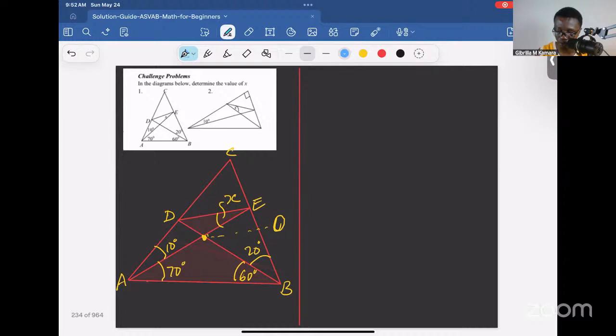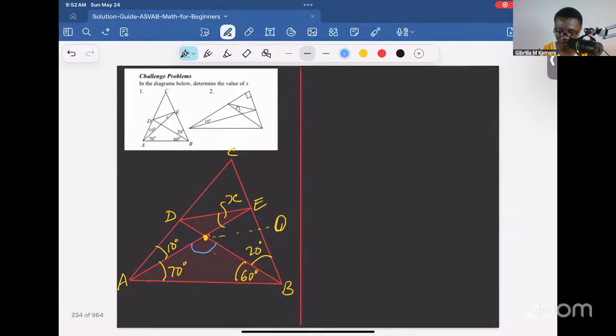So if that is O, this angle, let's say that is A. And this other angle, let's say this is B. All right. Then what is the other angle?